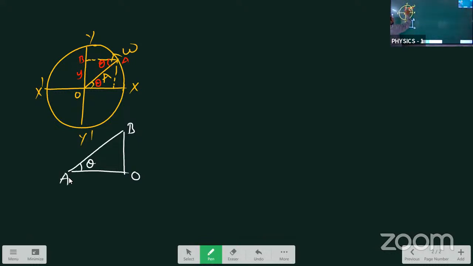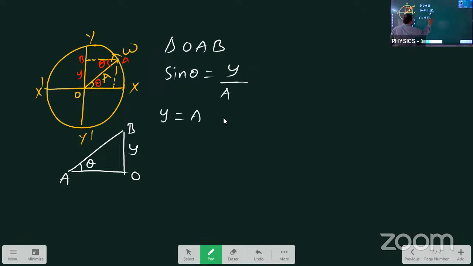From this, sin theta means opposite side by hypotenuse. From triangle OAB, sin theta means opposite side Y by hypotenuse A. So Y equals A sin theta. This is the displacement equation from triangle OAB.